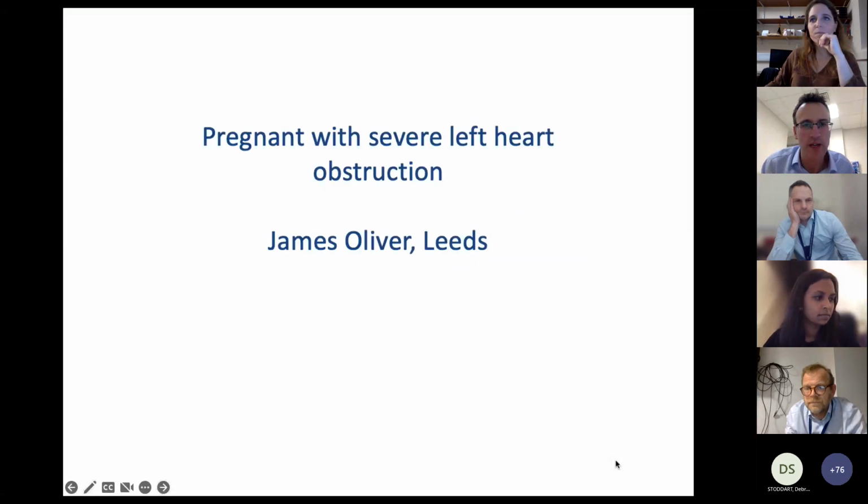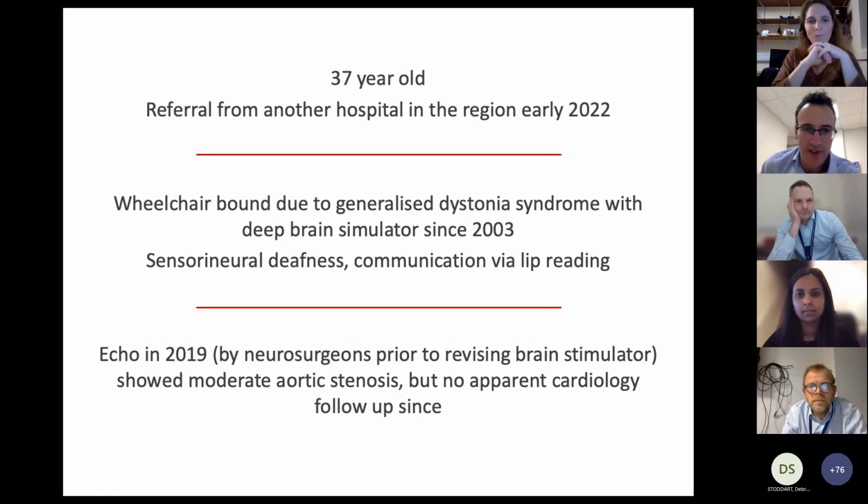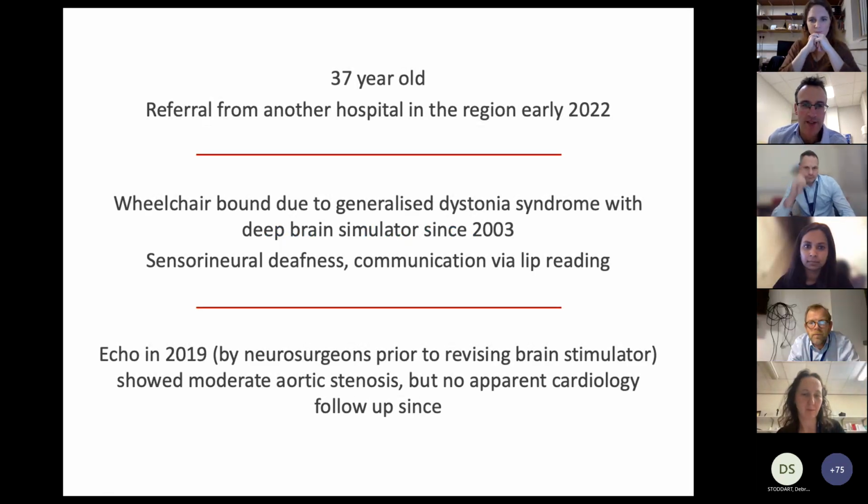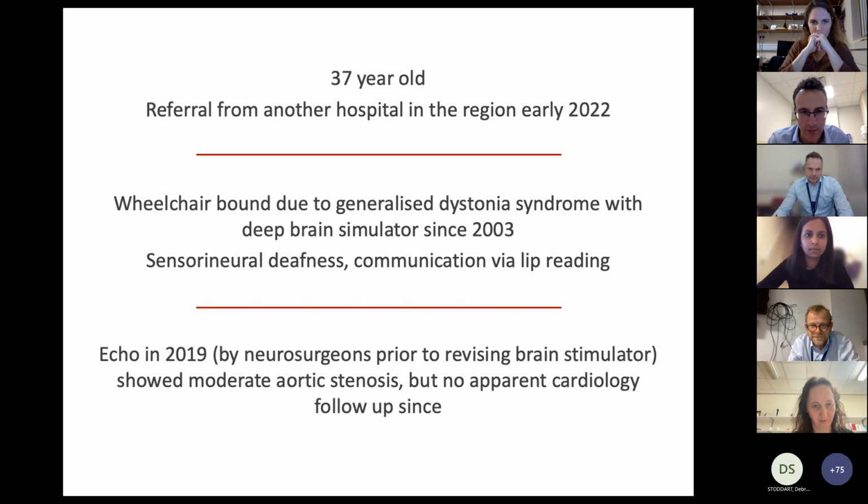So this is the case. A 37-year-old referred to us in Leeds from another hospital in the region earlier this year. She has a fairly complex background: she's wheelchair bound because she has a generalized dystonia syndrome for which she had a deep brain stimulator implanted in 2003, and she also has sensorineural deafness and can communicate via lip reading.